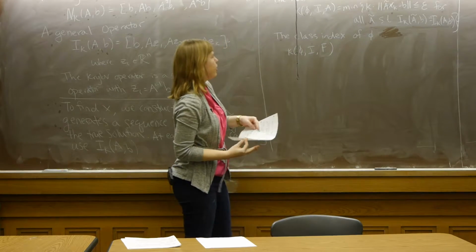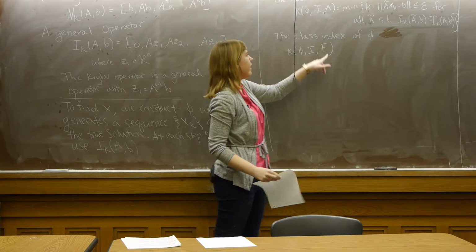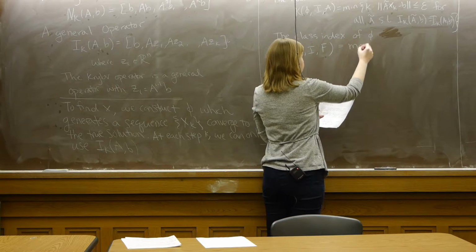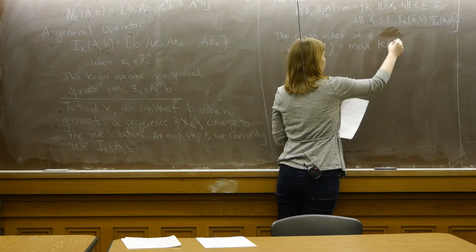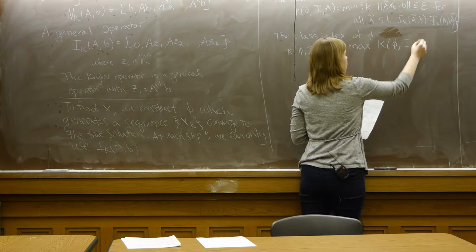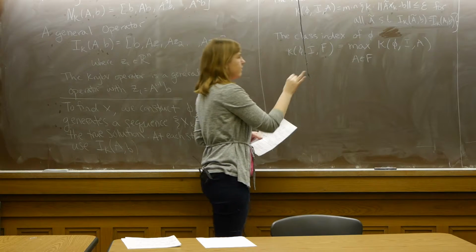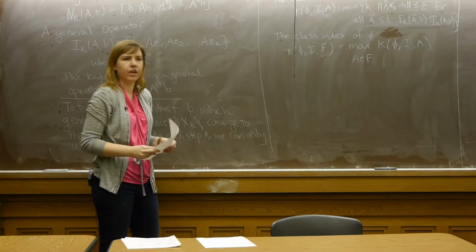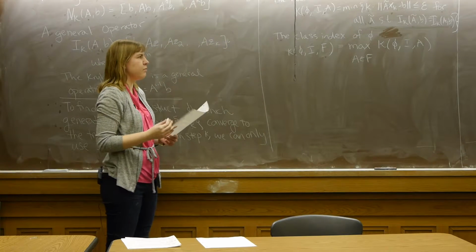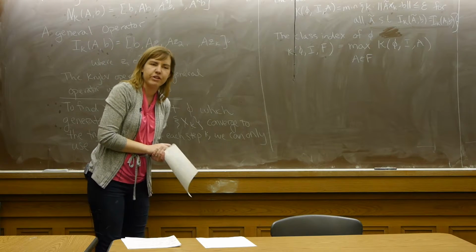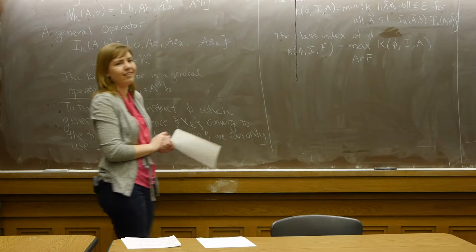So the notation just changes from a matrix A to a class F, and it is just the max of all matrix indices for all matrices in our class. So it's essentially the smallest number of steps needed for the hardest problem in our class of matrices. That's how you can think about it.